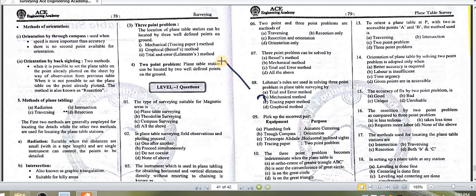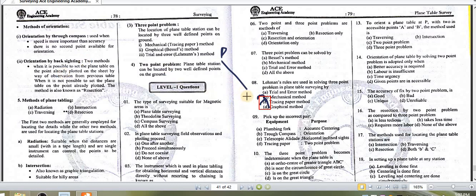You keep the trough compass along this line and rotate your plane table until it matches your first station point, that is your point A.